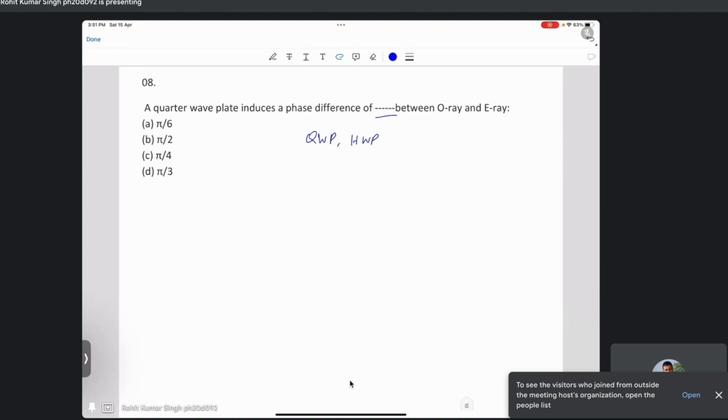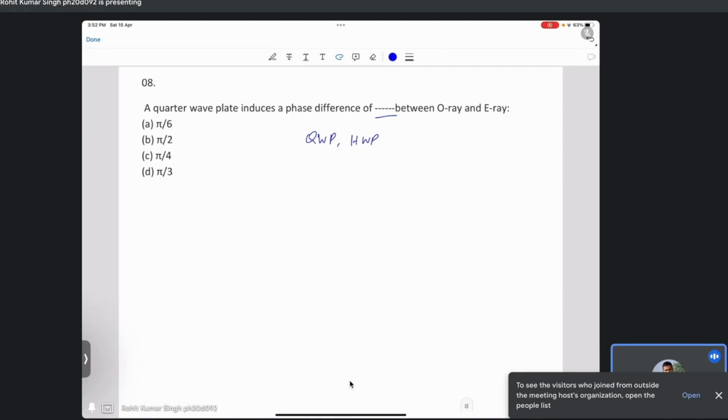Yeah, but I'm asking why it happens. Why E ray and O ray behave differently in such a material? So if you have a calcite crystal, you know about calcite crystal, right? There is a phenomenon called double refraction.